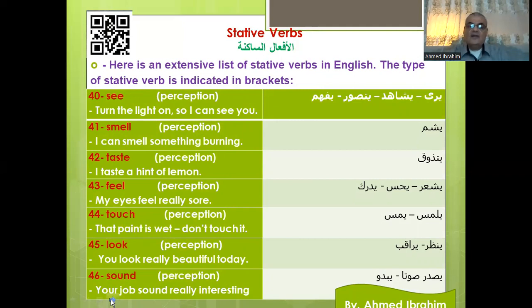Taste, I taste a hint of lemon. Feel, my eyes feel really sore. Touch, that paint is wet, don't touch it. Okay, sound, your job sounds really interesting. Okay, and notice the type of stative verb is indicated in brackets.